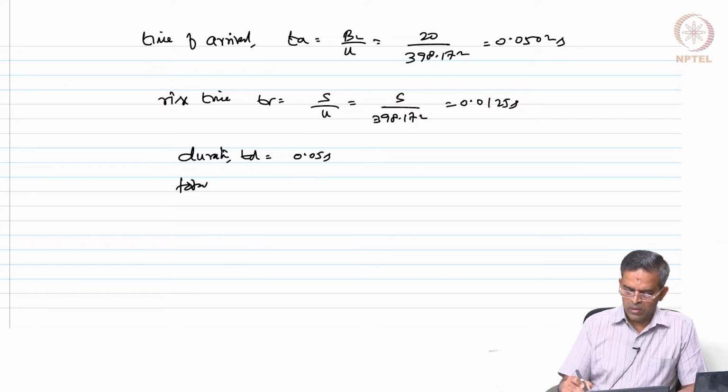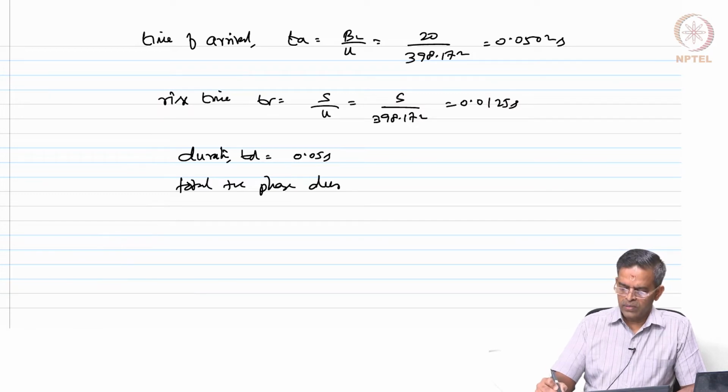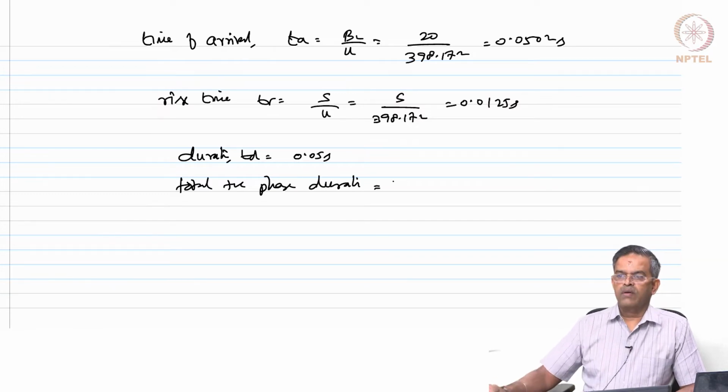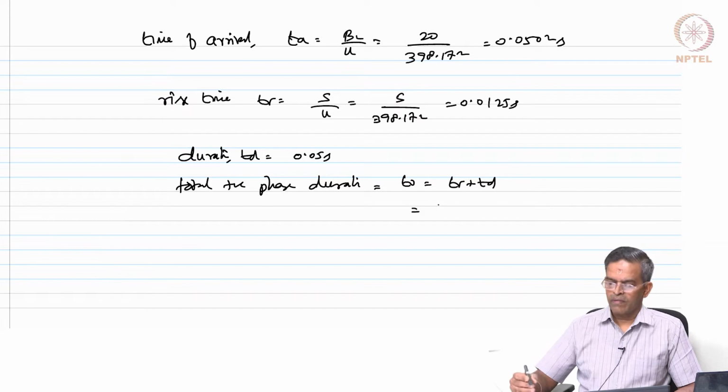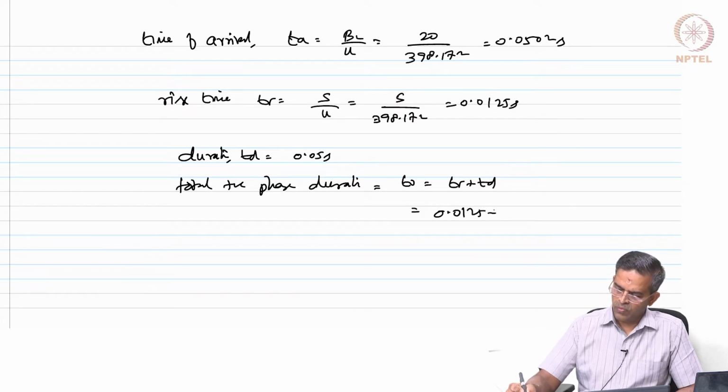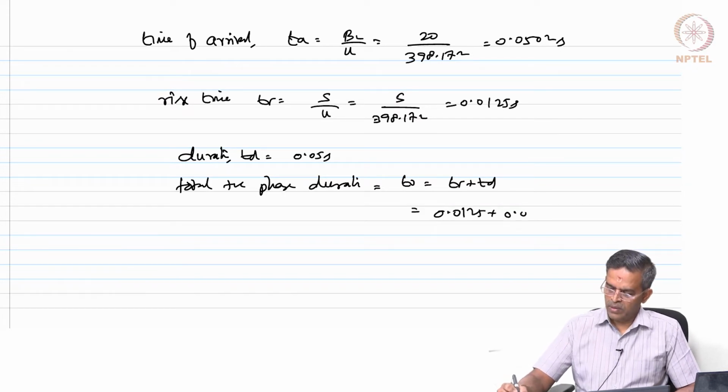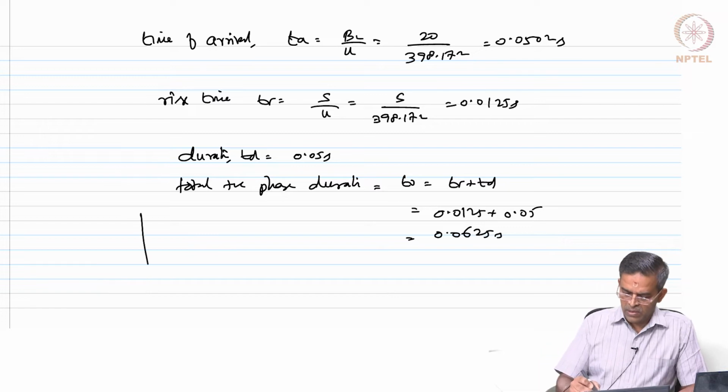Therefore, the total positive phase duration will be equal to T0, which is TR plus TD, which is 0.0125 plus 0.05, which is 0.0625 seconds, which can be plotted as T and PA.